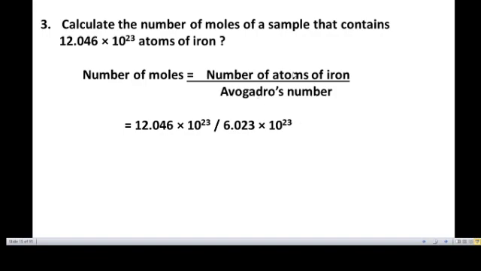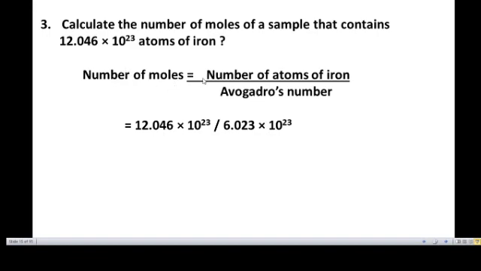So the given atoms of iron, the given value, is 12.046 into 10 to the power of 23, by Avogadro's number, 6.023 into 10 to the power of 23. Calculate the number of moles of a sample that contains 12.046 into 10 to the power of 23.